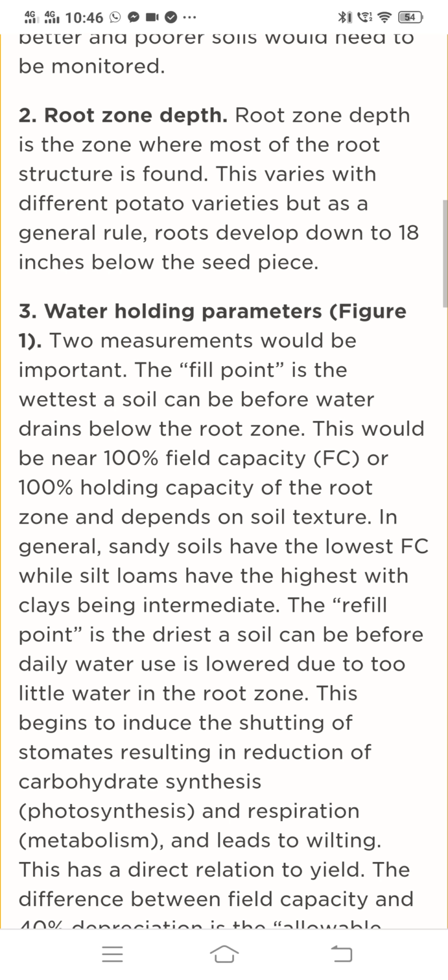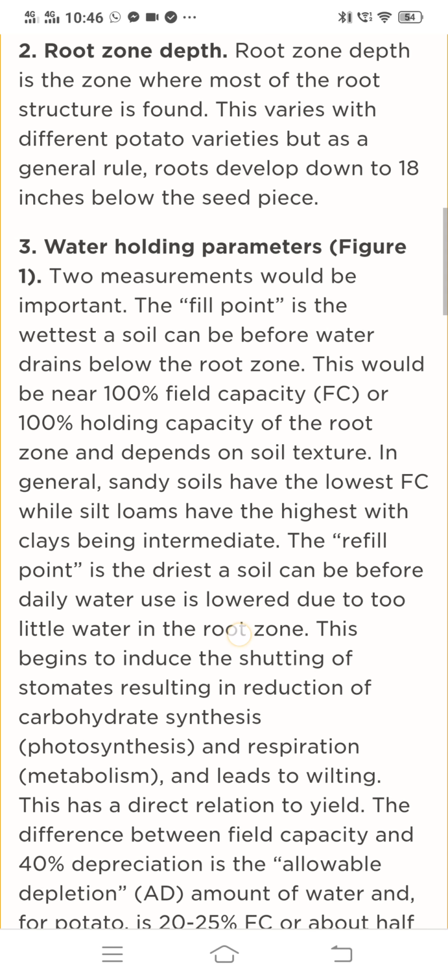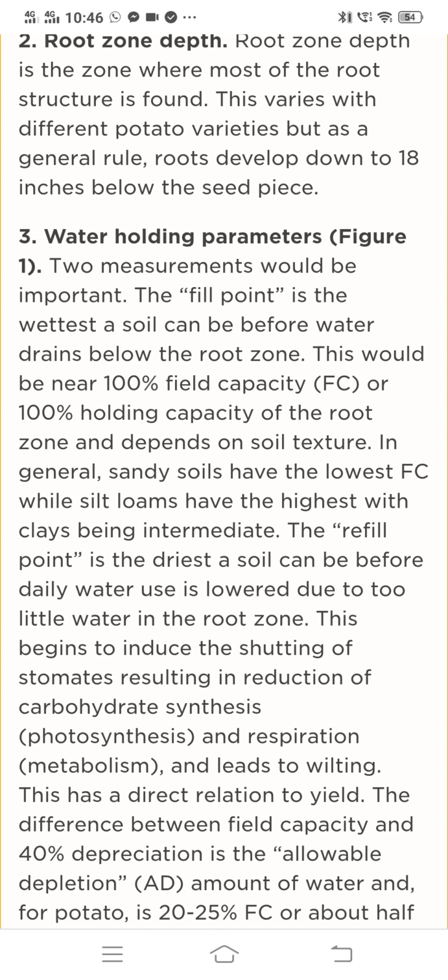Now third is water holding parameter. Water holding parameter has two measurements. First is the fill point, that is the wettest a soil can be before water drains below the root zone. So how much water can be filled in the soil before the irrigation water drains below the root zone?